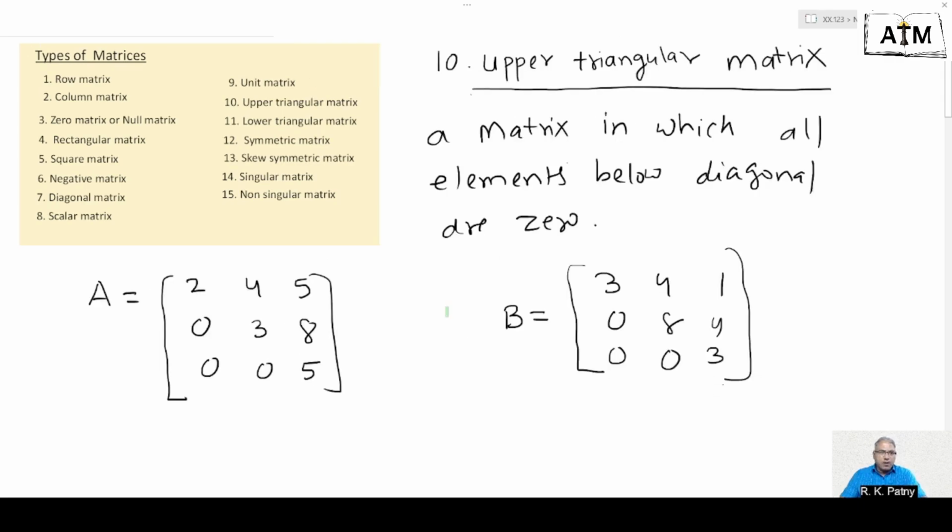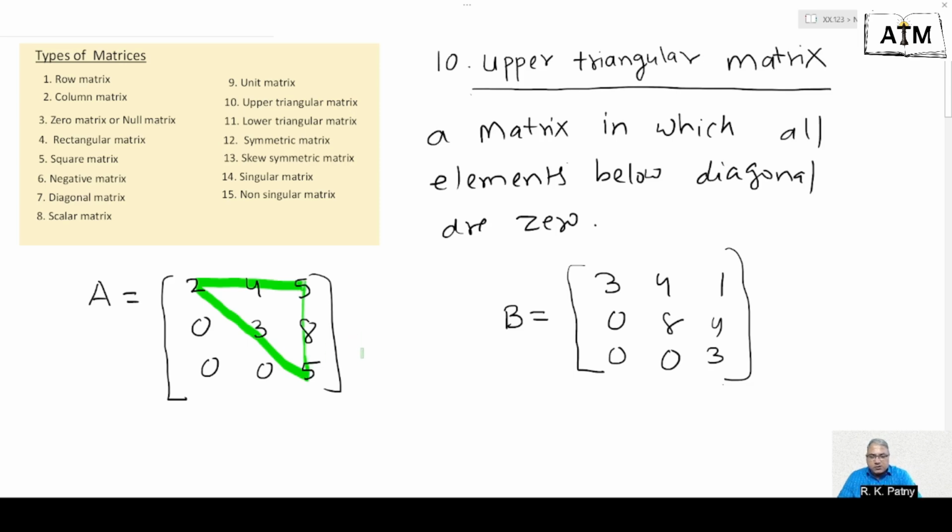Next one, upper triangular matrix. A matrix in which all elements below the diagonal are 0. So what is a diagonal? This is a diagonal, and below the diagonal there are the 0 0 0. And upper triangular, that means above the diagonal, if you trace all the elements, it will become a triangle.